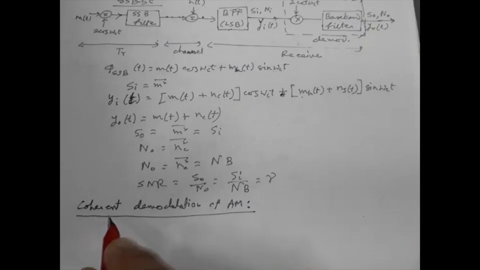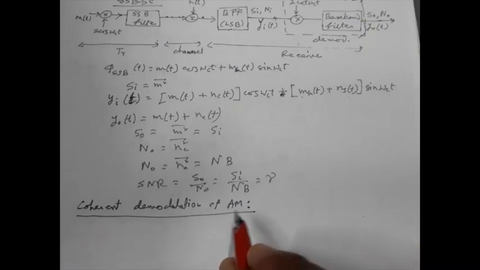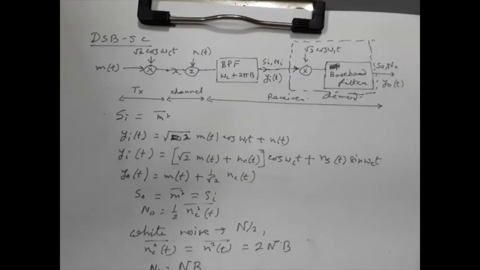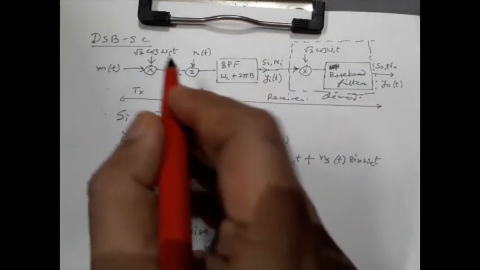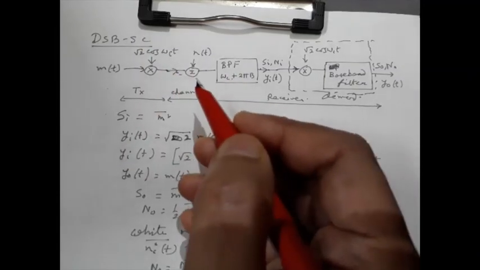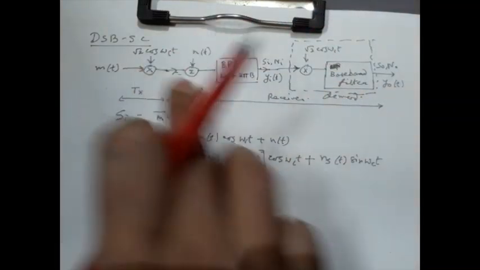Now we will consider the coherent demodulation of AM. Since it is a coherent demodulation of AM, this circuitry or model will be the same as that of the DSB-SC. The only thing is that along with this DSB-SC we have some carrier A cos ω_c t. So that's the only change. The same model is useful right here.